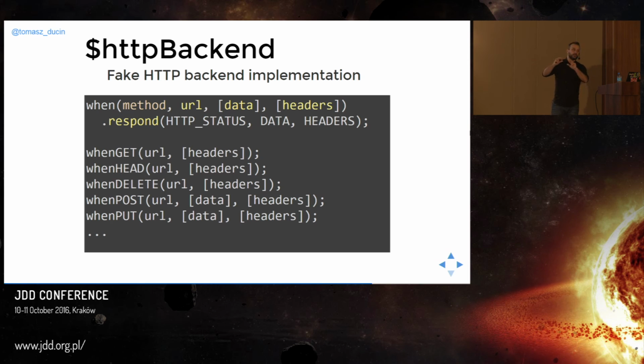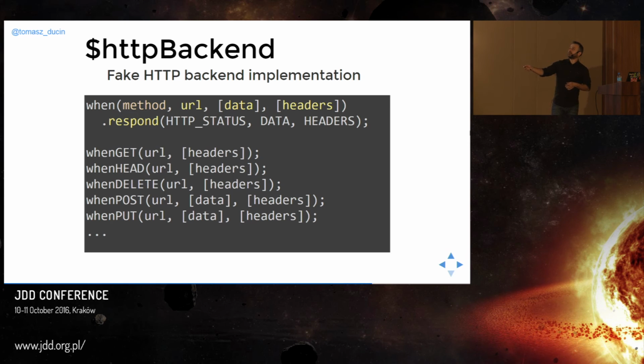It's just an Angular building block, a service. So we have a when method, which accepts the HTTP method, the URL, optionally the data, like GET parameters, POST parameters, and so on, and optionally the headers. And what we do is that we respond with a triple again. There is no difference in the logic, there is just a difference in the syntax.